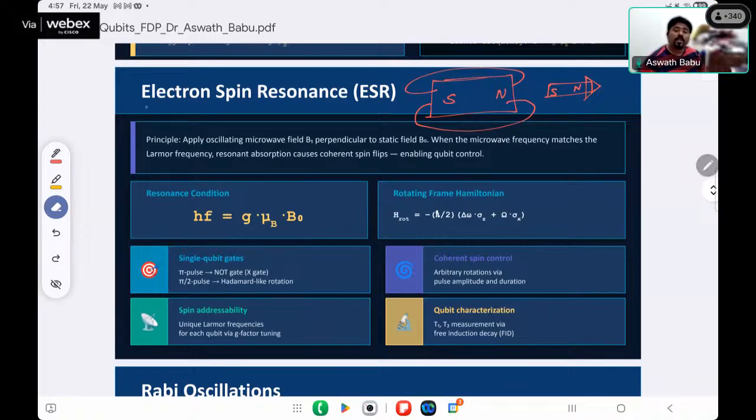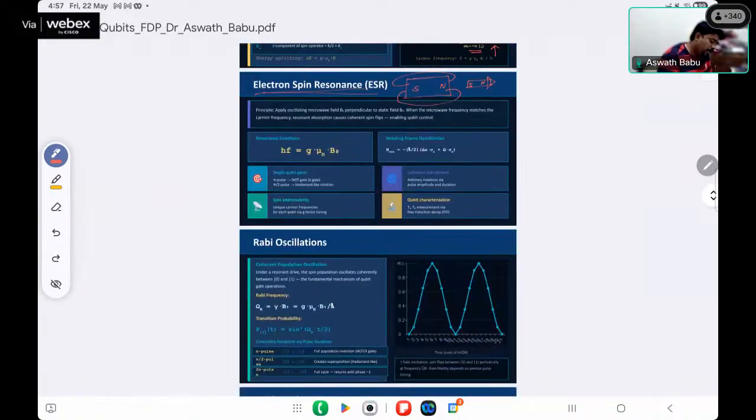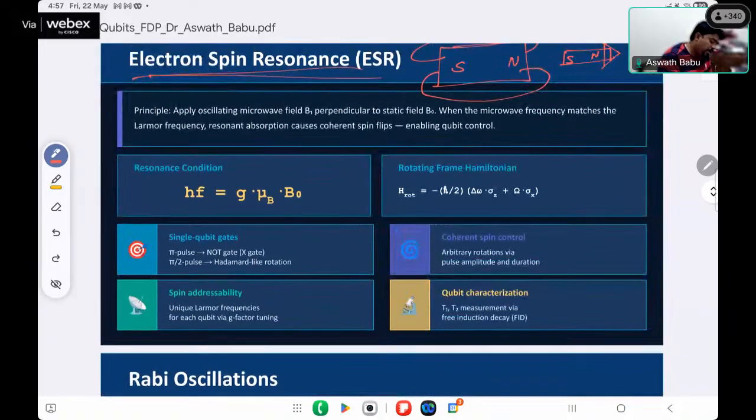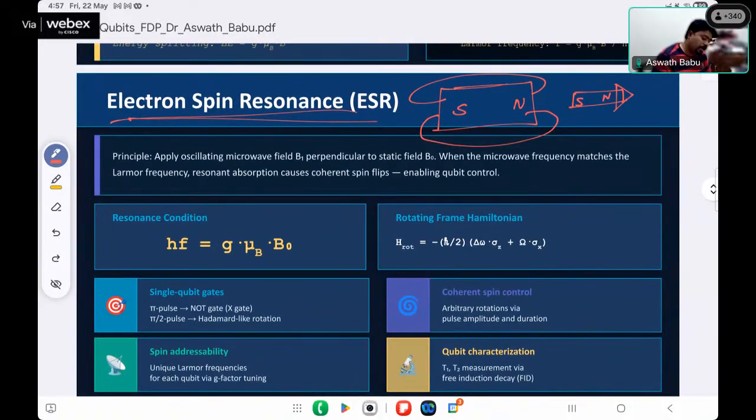It is called electron spin resonance. Okay, so it is a rotating external magnetic field with some frequency. If the applied frequency is f, the applied field is going to have energy hf. How much rotation is it going to create?